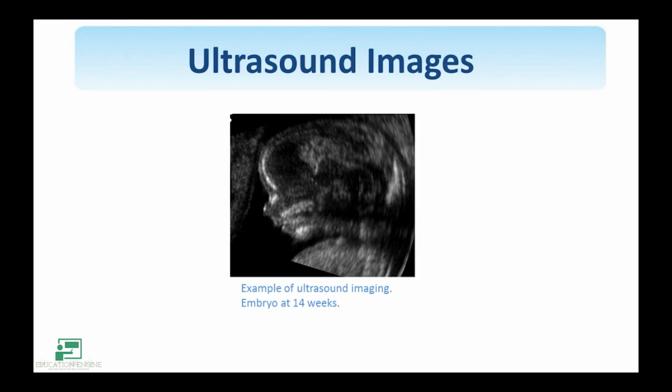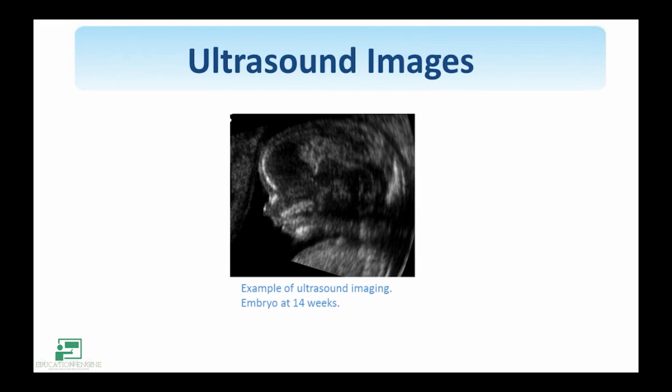The sound travels into the body and hits boundaries between soft tissue, let's say, and bone. Some of the sound waves are reflected back to the probe, while some others travel further down to hit another boundary and get reflected. These reflected waves are picked up by the probe and relayed to the computer, and the computer calculates the distance from the probe to the tissue or the organ boundary using the speed of sound.